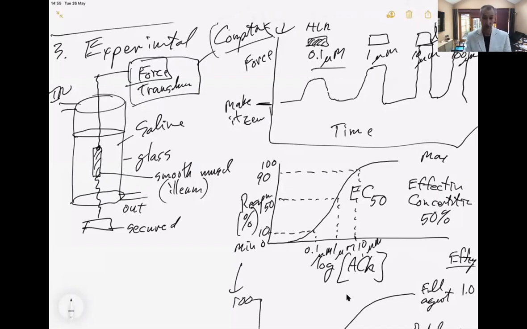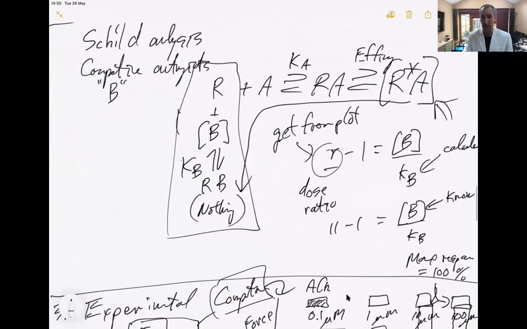And that was all through this Schild analysis. So even though we can't directly know the affinity of an agonist, we can calculate an agonist dose response curve and use it with an antagonist to get the affinity of the antagonist, because antagonists don't have any efficacy.